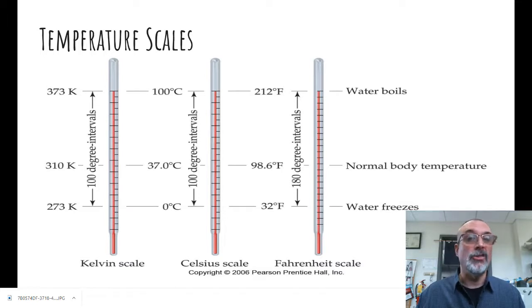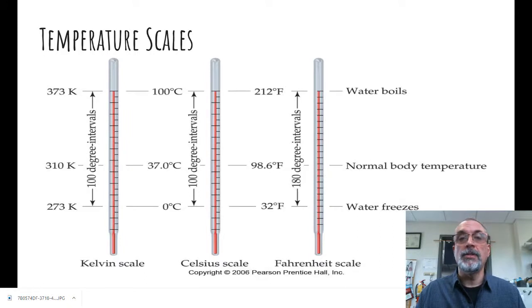Okay? But you should know 37 degrees. On the Kelvin scale, those values are different. Water boils at 373 kelvins. It freezes at 273 kelvins. And average body temperature is 310 kelvins. Okay? These are some values that are good to know.